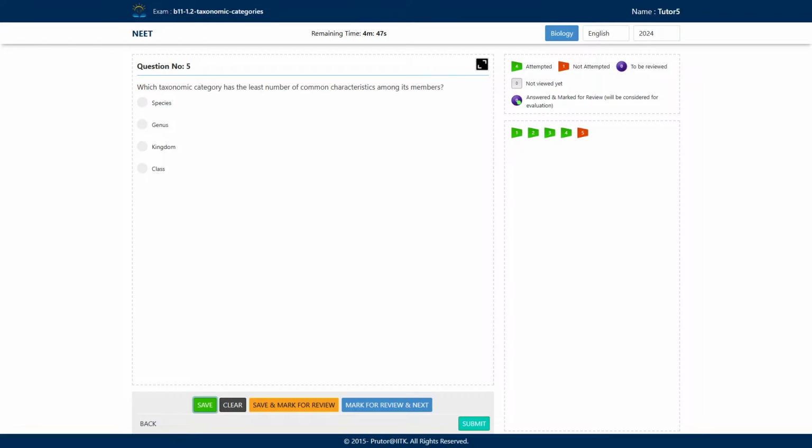Let's discuss this question. Which taxonomic category has the least number of common characteristics among its members? They're talking about the least number of common characteristics. Option A is species, B is genus, C is kingdom, and D is class.